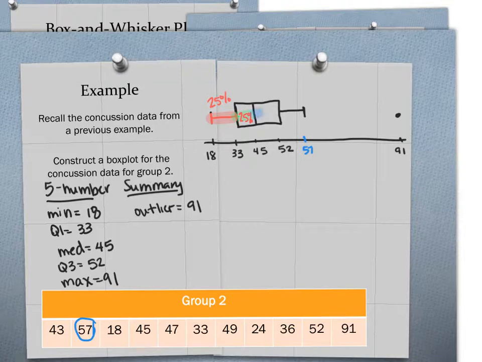From here to here is also another 25%. And from here all the way out here is the additional 25%. So your box plot is showing your quartiles for each interval that's marked on the box plot. And we can also show the shape of the distribution. Remember, we have 3 shapes, and the shape for a box plot looks like this.